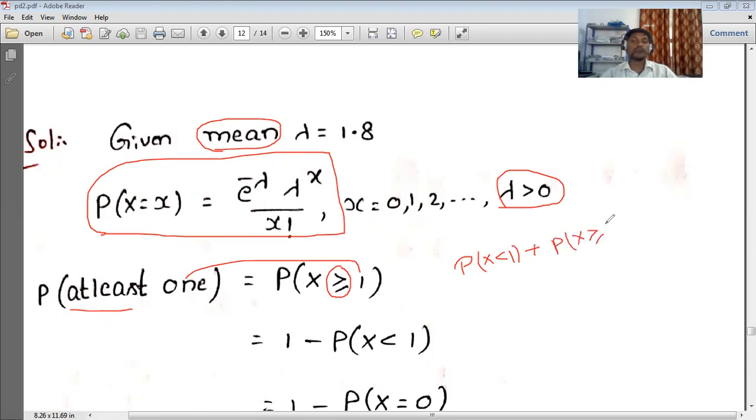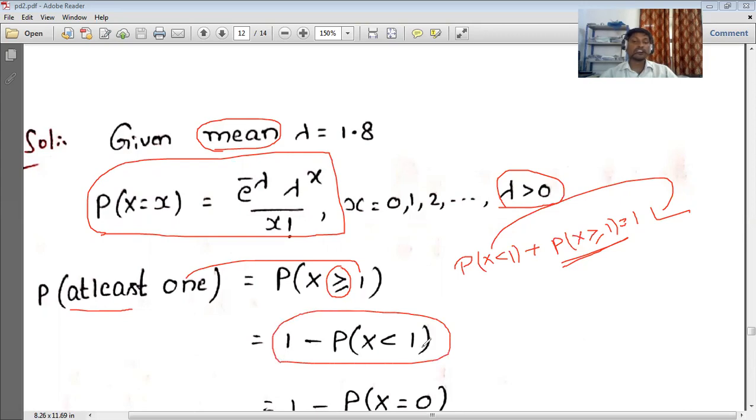Sum of all the probabilities is equal to 1. We require this value, so for that we are taking this one to the right hand side. Here it is having plus, when it comes to this side, minus. So that's why we wrote here P of x greater than or equal to 1 is equal to 1 minus P of x less than 1.